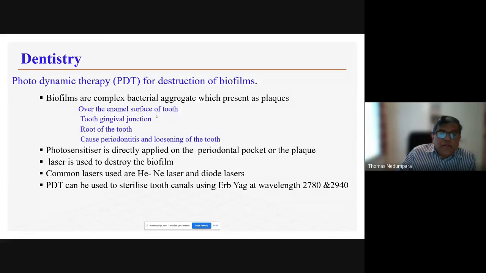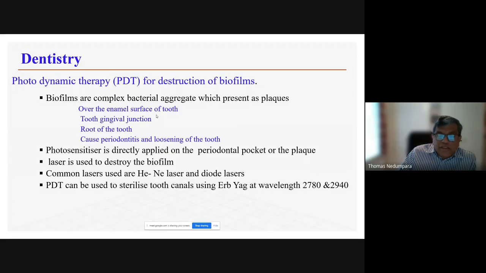So you can mechanically remove the plaque, and that will cause injury to the gum. Whereas if you use photodynamic therapy, there will be no injury to the surrounding tissue. It will only destroy the biofilm containing the bacteria, and 90% of the bacteria are destroyed.